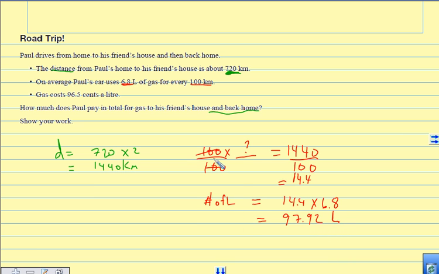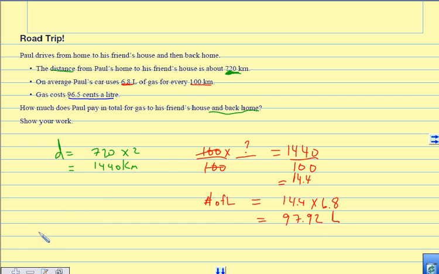Okay? And thirdly, we know the cost of gas is 96.5 cents per liter. Okay? So we want to find out how much it costs in gas to go to his friend's house and back. So we're going to find out how much it is. We're going to take its price per liter and multiply by the number of liters that he needs.